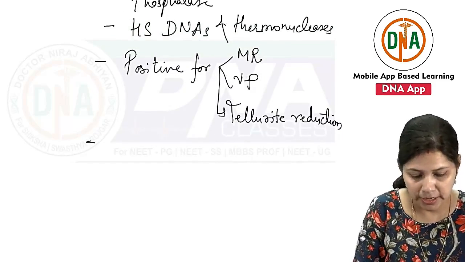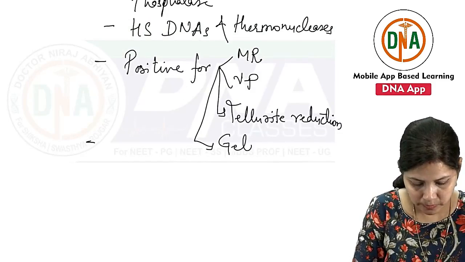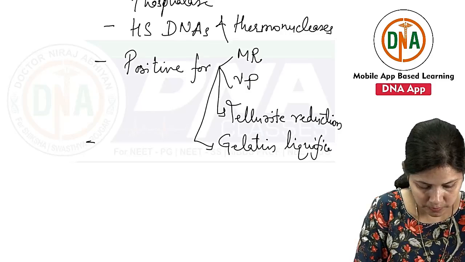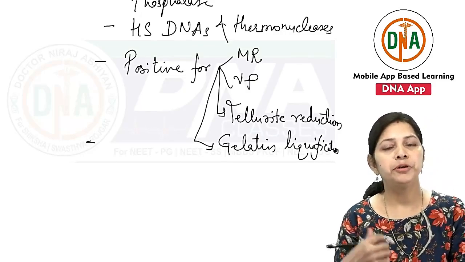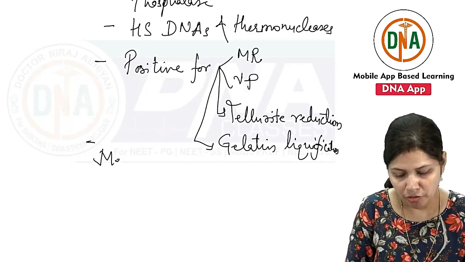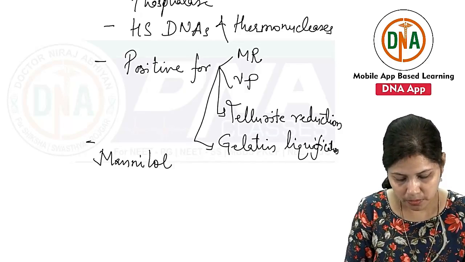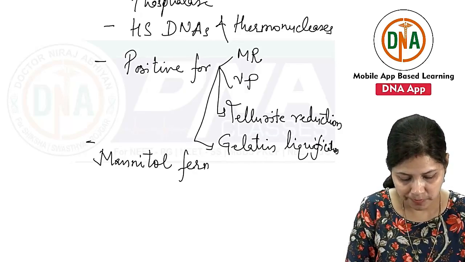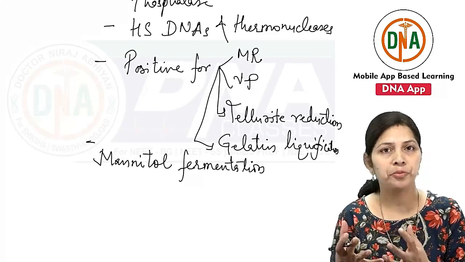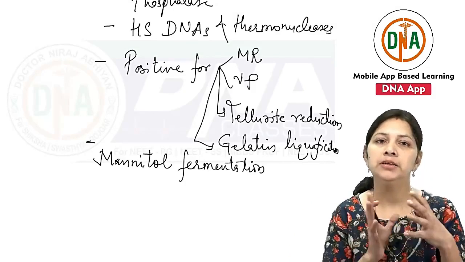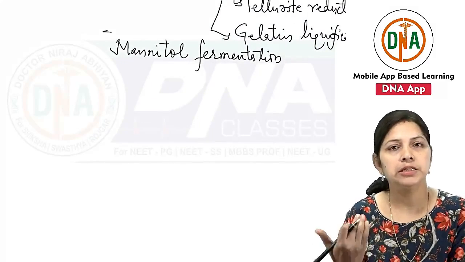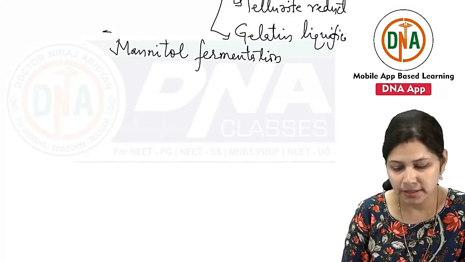And positive for gelatin liquefaction. Another important property for this is it is typically positive for fermentation of mannitol, or it gives mannitol fermentation. This property is also incorporated to identify it in the culture media. So these are the important points regarding the organism.